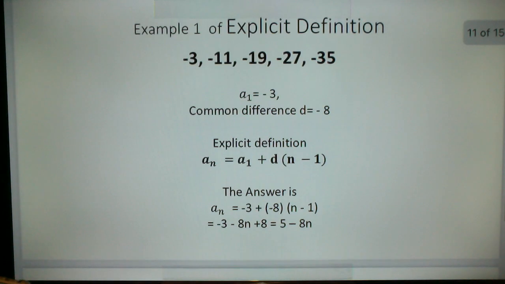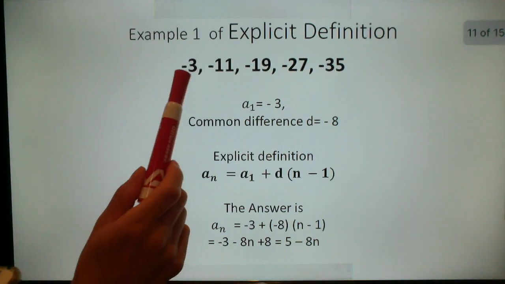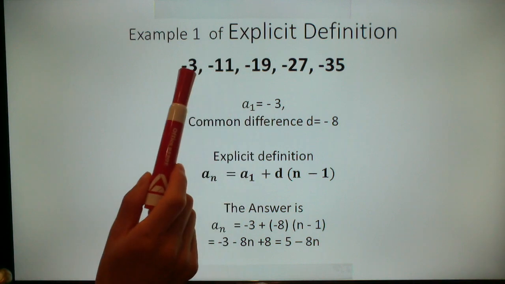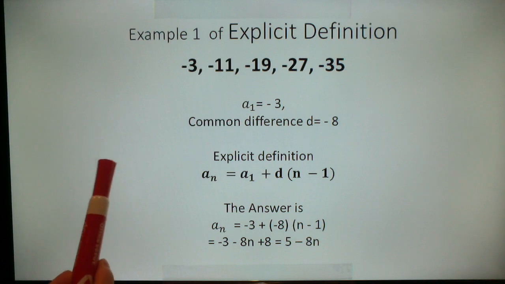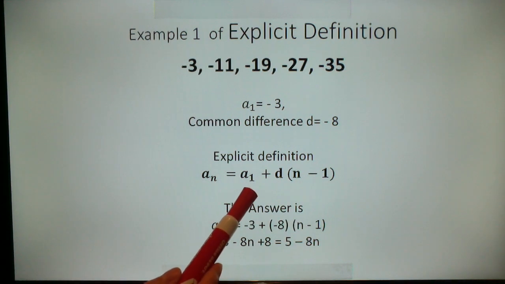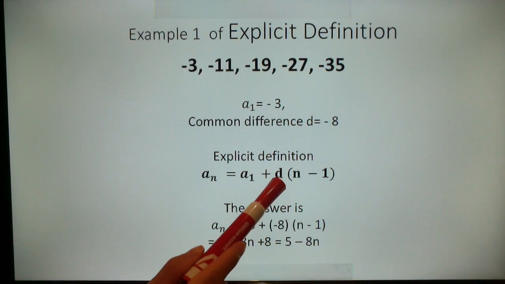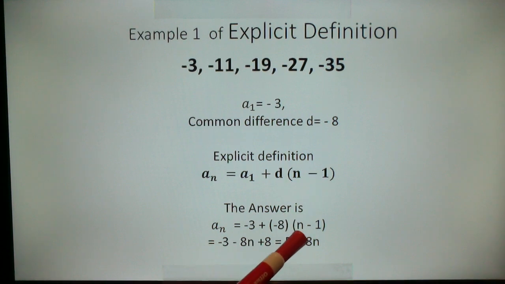So let's see a different example. Actually, these are the same numbers, right? When we have this sequence, the first term A1 is -3. The common difference is -8. So we'll just put A1, -3, the common difference D is -8, and we'll put n minus 1.